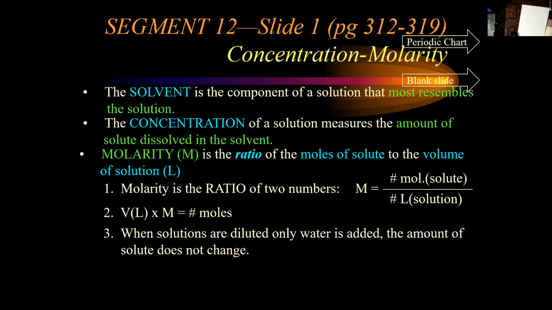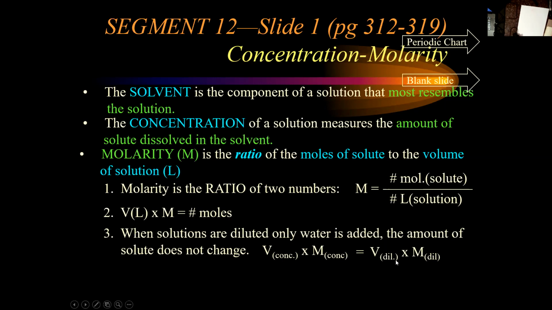Now, suppose we're diluting a solution. All we've done is added water to it, right? Add solvent. In most of our cases, they're aqueous solutions. So the volume of the concentrated solution that I had before I put any water in it times its molarity would have to equal the volume of the diluted solution after I've added the water times its new molarity.